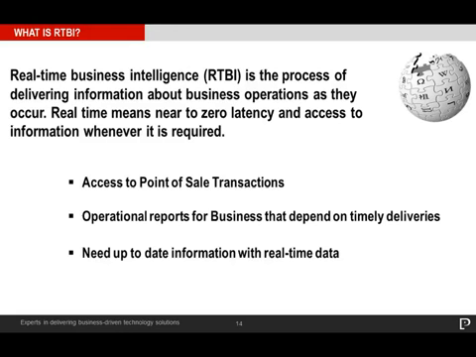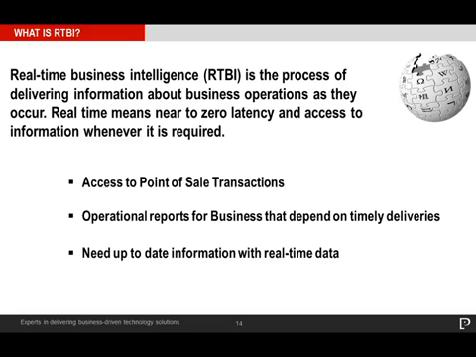So some scenarios would be access to point-of-sale transactions or operational reports for business that depend on timely deliveries. Or it could be that you just need up-to-date information with real-time data, which is the case that we run into a lot of times, where business users are used to discovery reporting where all of the reports are built directly off of the transactional system.